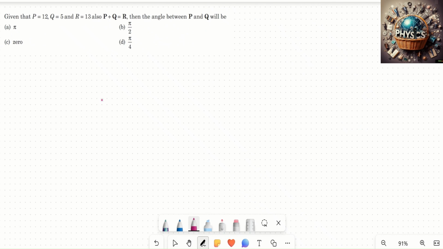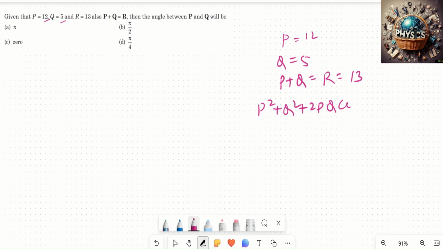The next problem says that P and Q are two vectors where the magnitude of P is 12, the magnitude of Q is 5, and R is 13, where P plus Q is R. Find the angle between P and Q. So P equals 12, Q equals 5, P plus Q equals R, which is 13. By the parallelogram law of vector addition, the square root of P square plus Q square plus 2PQ cos theta is equal to 13.